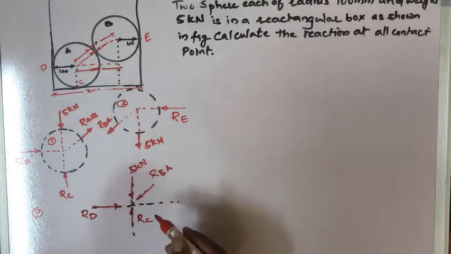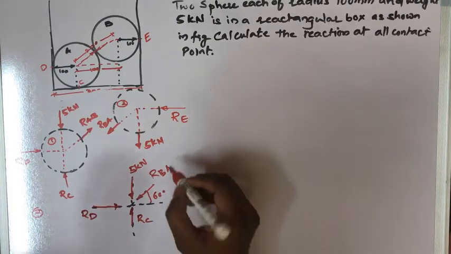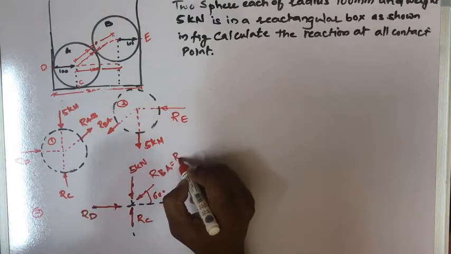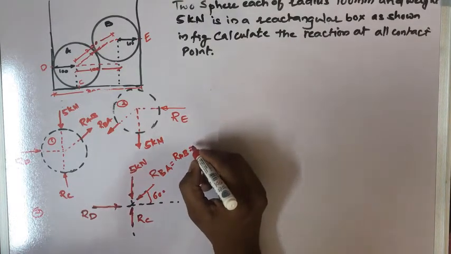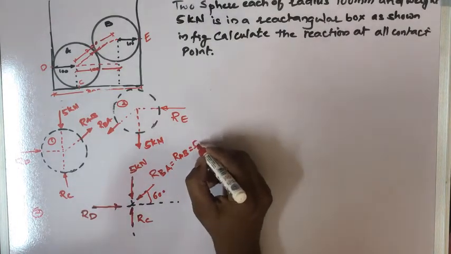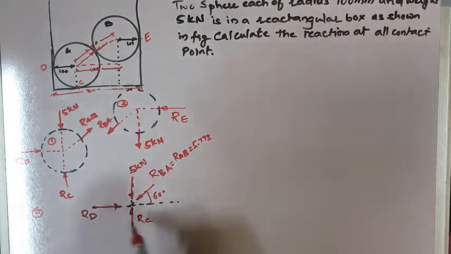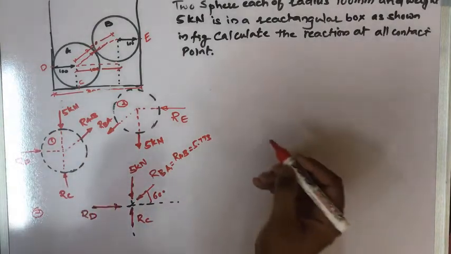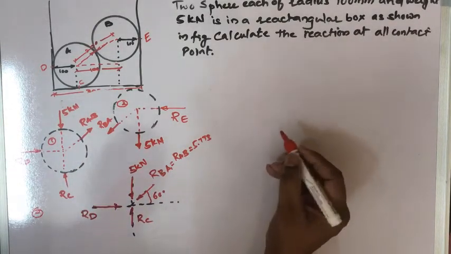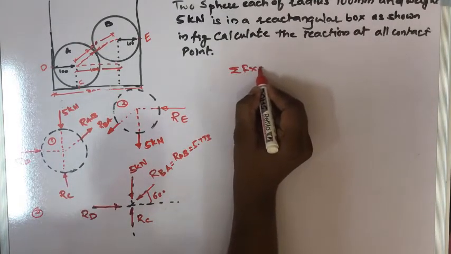Already we have calculated the angle. This makes an angle of 60 degrees. We have already calculated the value of RAB, which is 5.773. Now there are two unknown forces. With the use of the equations of equilibrium, we can calculate RC and RD. I'll use the first condition, summation of Fx equal to 0.